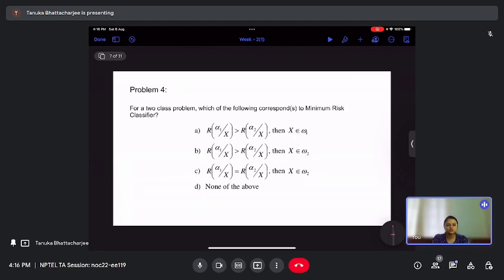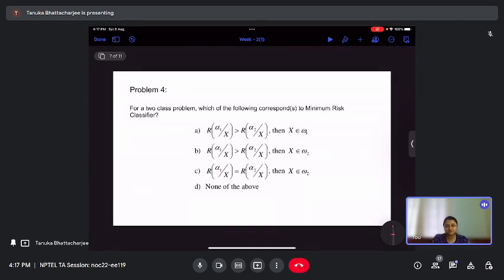We have a number of actions that we can take, and for a given feature vector, we take that particular action for which the risk is minimum. The first option is: risk of alpha 1 given x is greater than risk of alpha 2 given x, then you classify x as belonging to omega 1. Here alpha 1 is the action that you classify as omega 1, and alpha 2 is the action that you classify the feature as class omega 2.